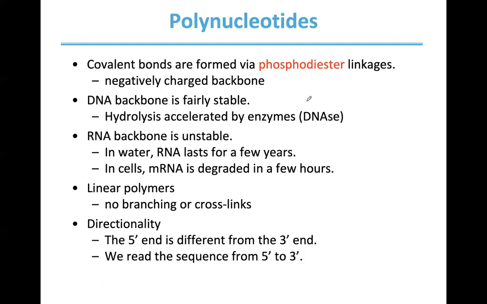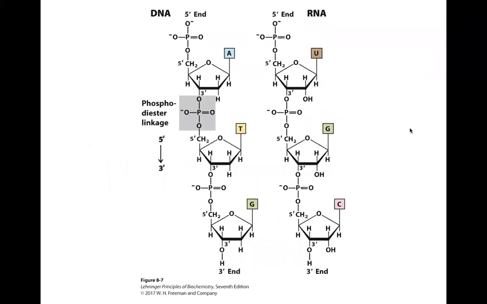All right, so now we're going to talk about polynucleotides. These are polymeric structures, and they're going to be linked through phosphodiester linkages. So let's look at a fragment of DNA. This is DNA. You can see there is no 2' hydroxy.